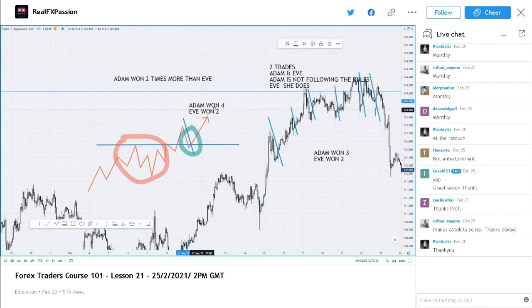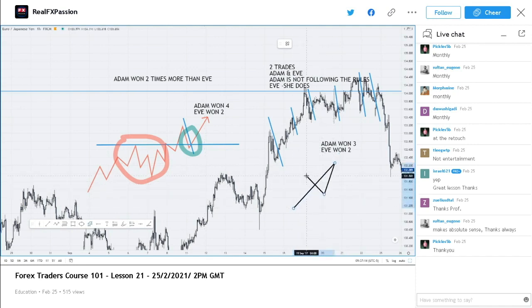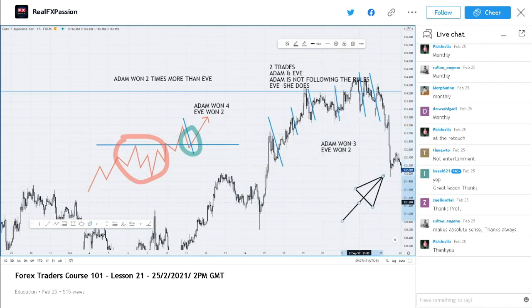Okay, so before, Adam won 4, Eve won 2. Now Adam just lost 1 because of the pivot point from the monthly. He just gave back a portion of his profits to the market. And it's too soon for you to understand, everybody, but talking about emotions, Adam gets stressed right now and Eve is smiling.